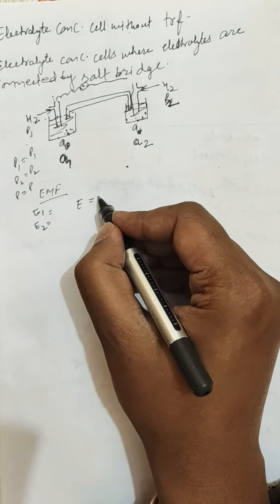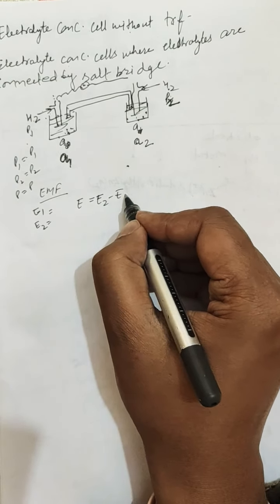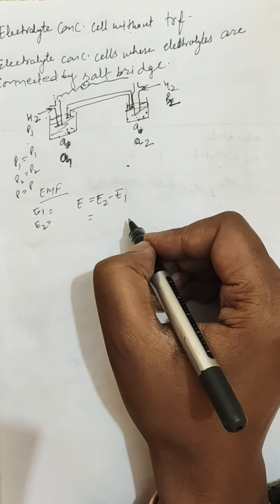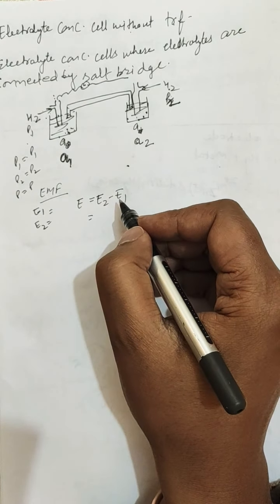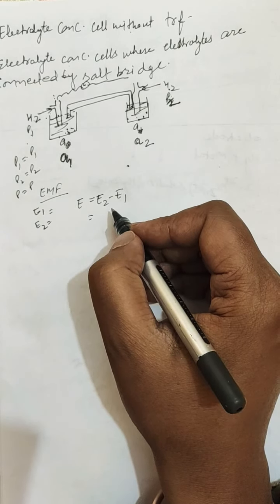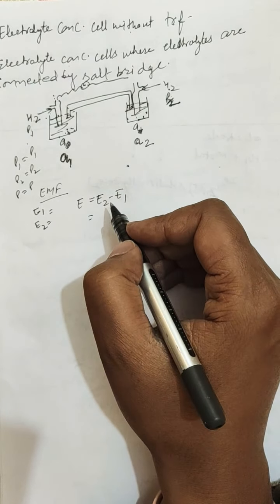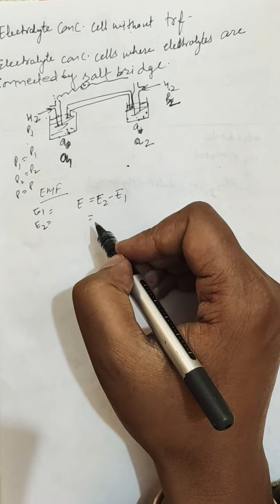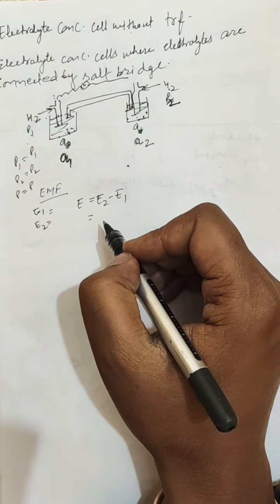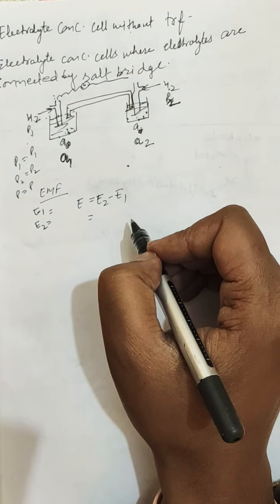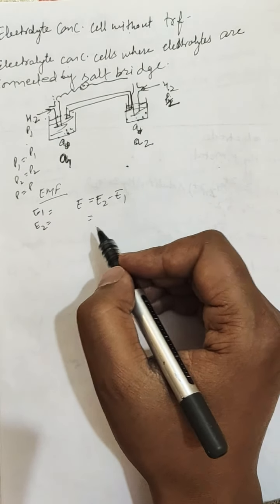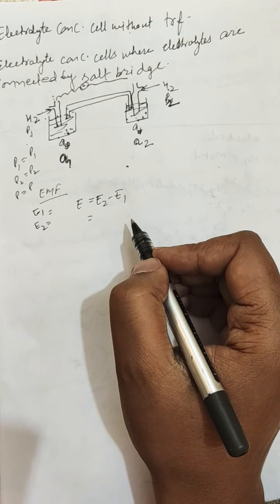EMF of the cell will be calculated by E2 minus E1, or E cathode minus E anode, or E reduction minus E oxidation. Don't try to remember all the equations, just go for a single equation. With the help of that you can explain all the equations. If you understand what reduction and oxidation are, then you just write E reduction minus E oxidation. If you understand what cathode and anode are, you just write E cathode minus E anode.